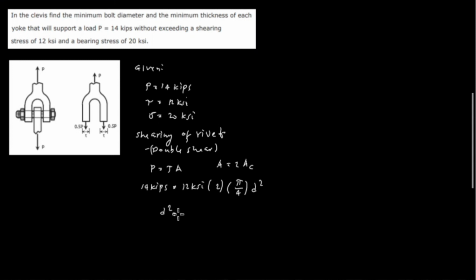D squared is equal to 14 times 4, divided by 12 times 2 times pi, and d is equal to 0.8616 inch, and this is the diameter of the bolt.